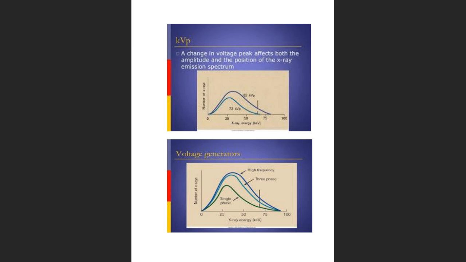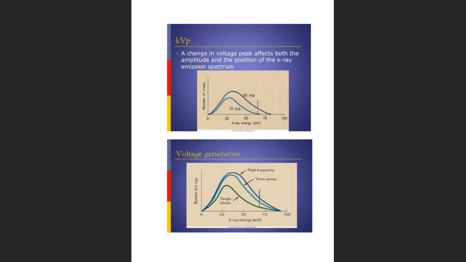Basically it's about a 12% reduction. So we talk about going up or down 10 kVp. Whereas when we switch from a single phase to a high frequency, it's so much better that it represents about a 16% increase in kV.